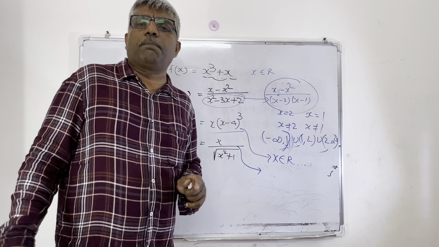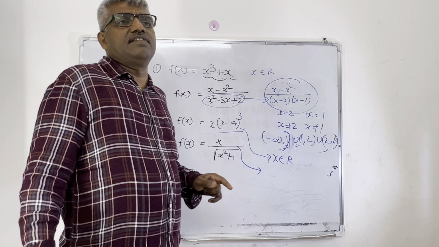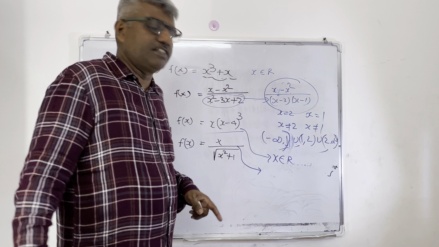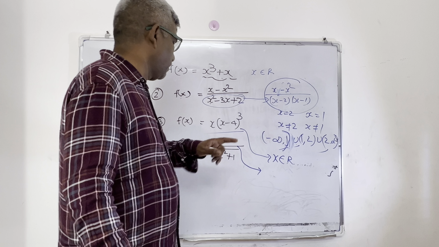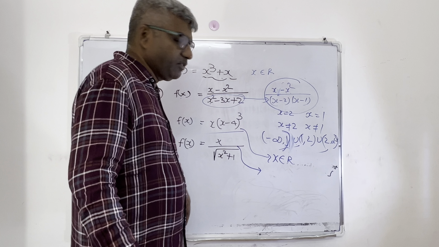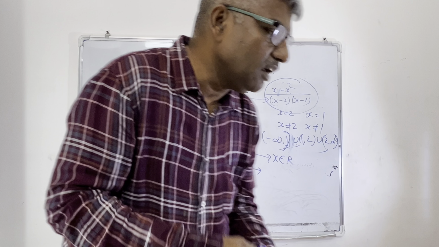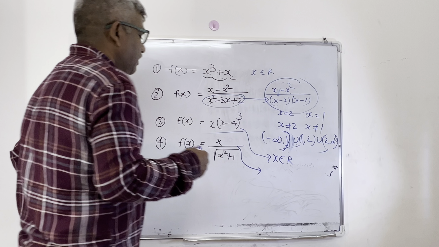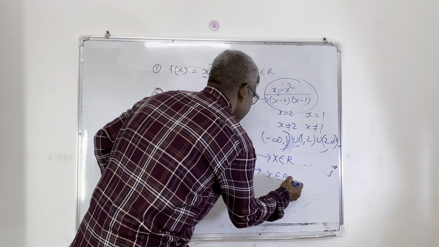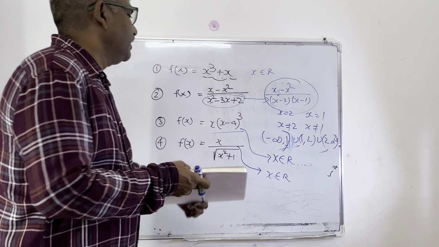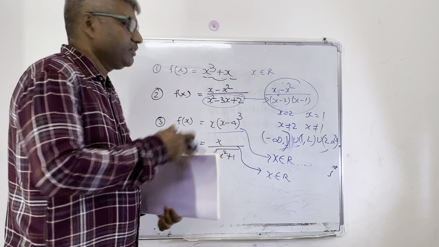Square root of x squared plus 1 cannot be 0. Denominator cannot be 0. Why? X squared is always a positive number, plus 1 is also positive. So here also x is all the real numbers. Let's note it down.